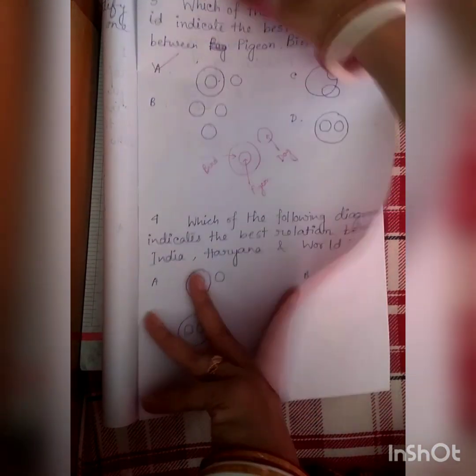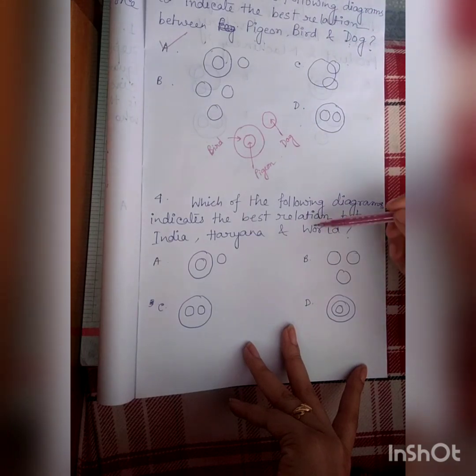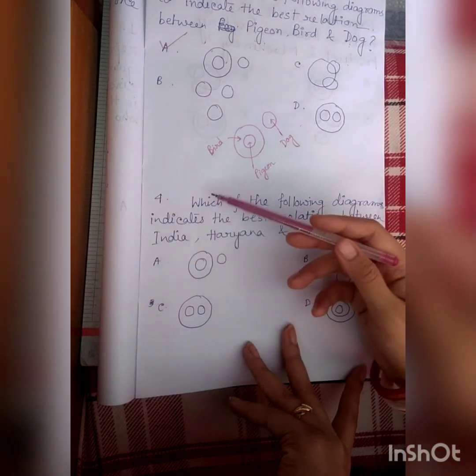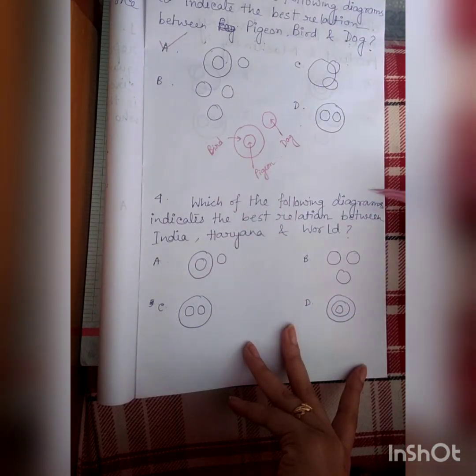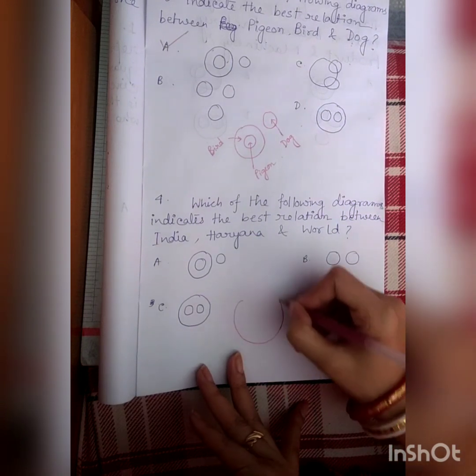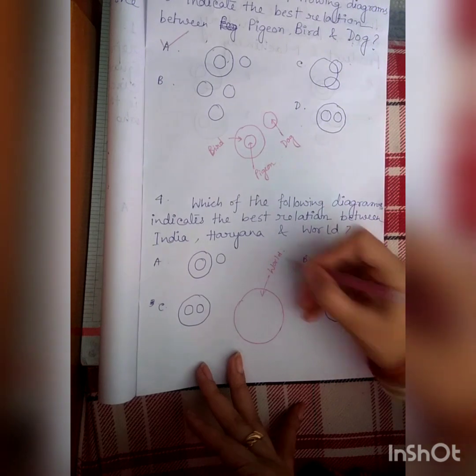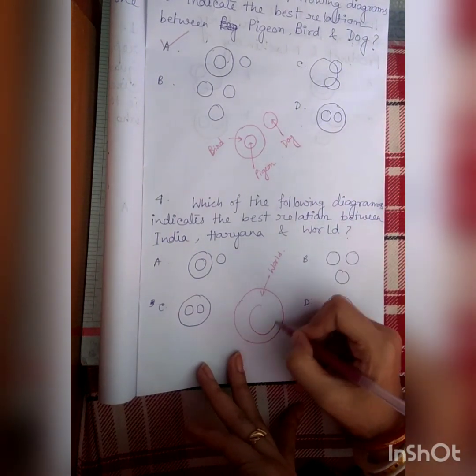Now this one: which of the following diagrams indicates the best relation between India, Haryana and world? Now see, in the world, India and Haryana both are existing. India is a country in the world, Haryana is a state in the country India. So if we draw world in this way, if this big circle is representing world, then inside the world we are getting India.